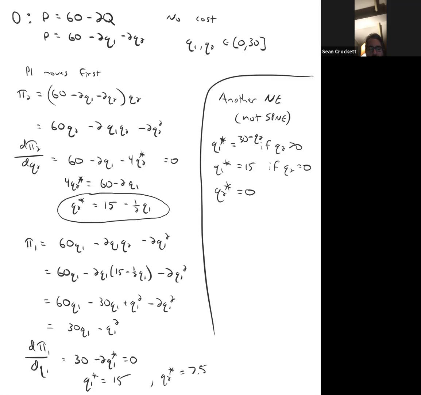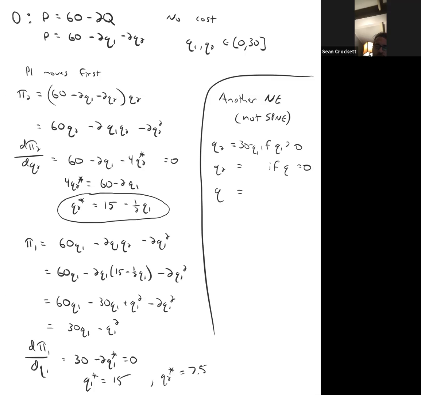So this is an equilibrium, but it's not subgame perfect. Oh, I reversed them. Yeah. Q2 equals 30 minus Q1 if Q1 is greater than 0.